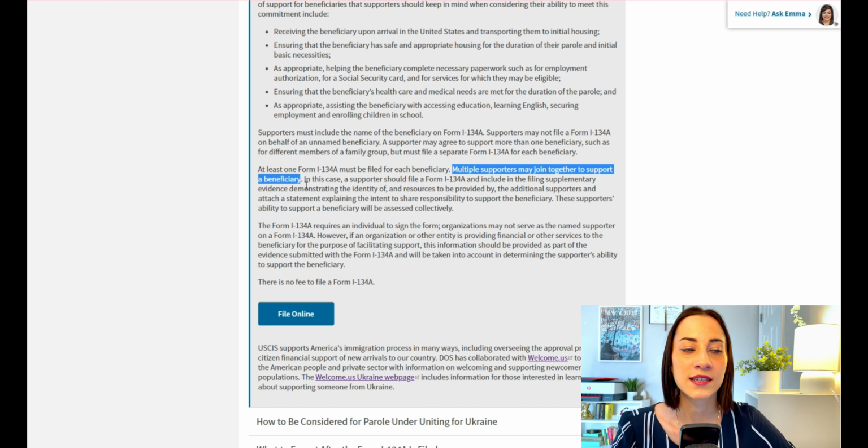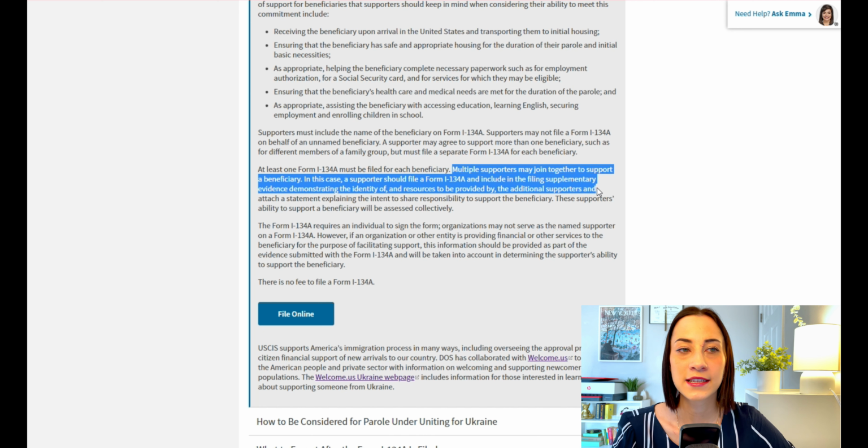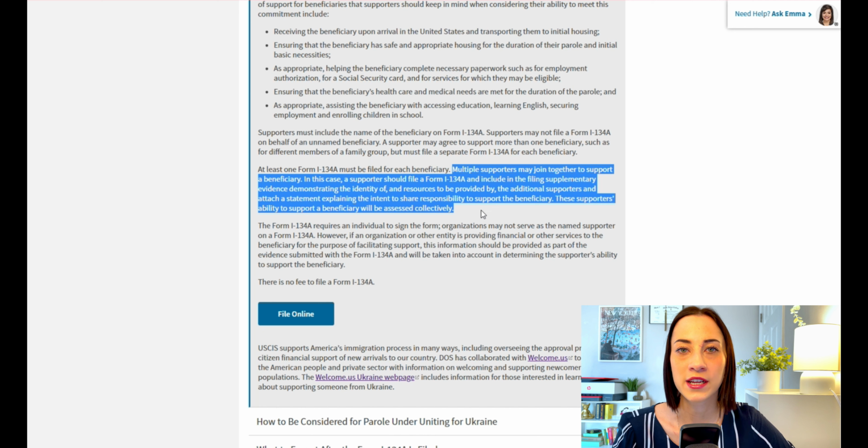In this case, a supporter should file a form I-134A and include in the filing supplementary evidence demonstrating the identity of and resources to be provided by the additional supporters, and attach a statement explaining the intent to share responsibility to support the beneficiary.